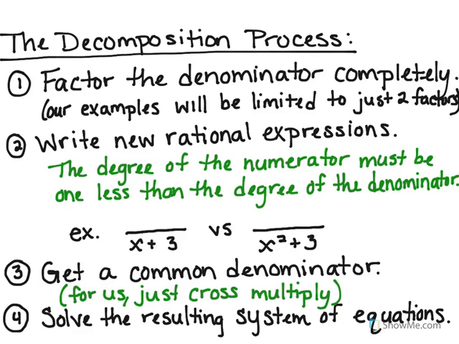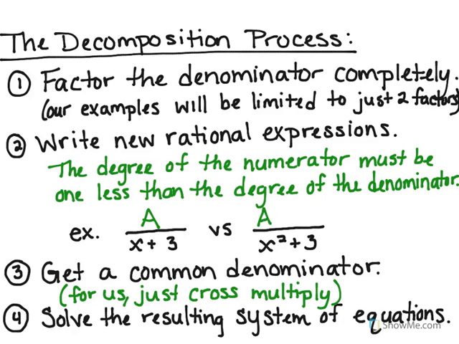So, if I had a factor of x plus 3 in the denominator, I'm going to write just a plain old a on top of that, because a is a constant, has a degree of 0, and the degree of the denominator is 1. But if I have a quadratic denominator, x squared plus 3, the degree of the top has to be 1, because that's 1 less than 2.